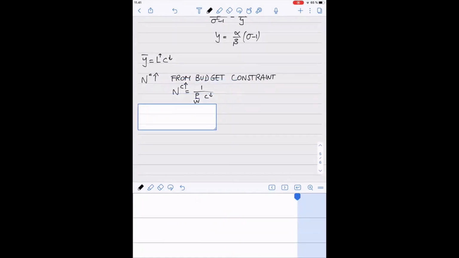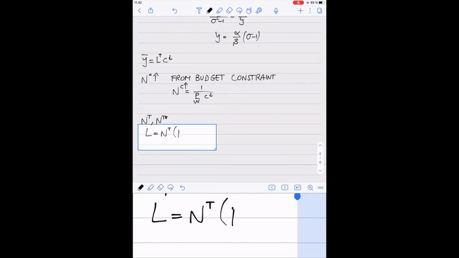But what about the number of varieties produced in each country? NT and NT star. Well, recall that to determine those, we relied on the full employment condition, that said that the number of workers in each economy was equal to the NT firms demanding labor, which was beta Y plus alpha.